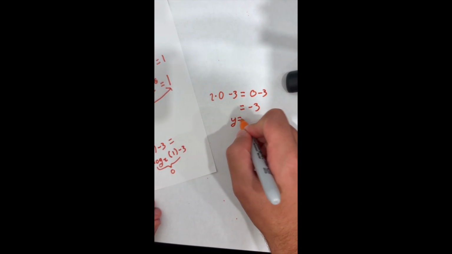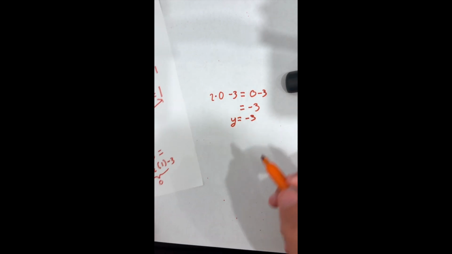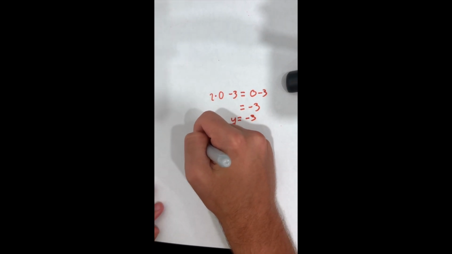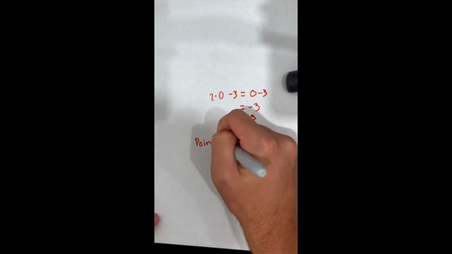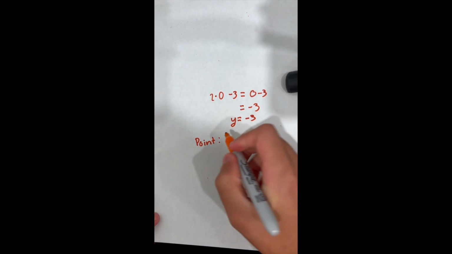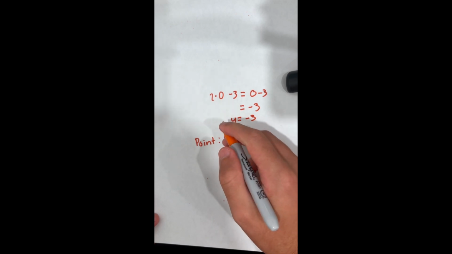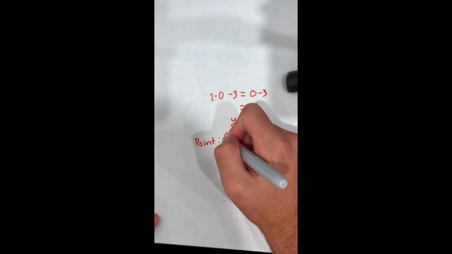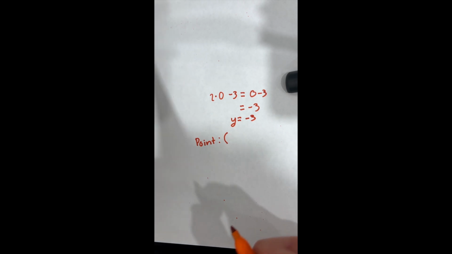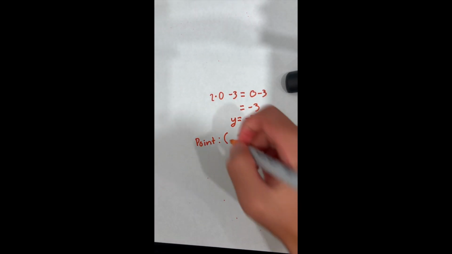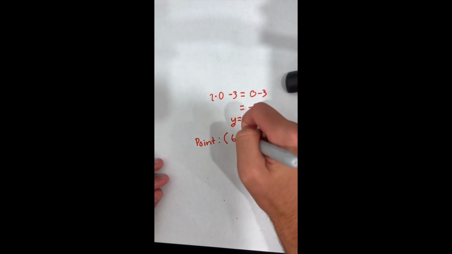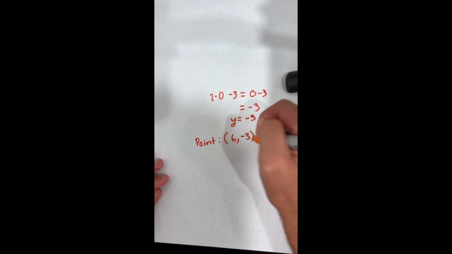So we know that our y for this point will equal negative 3. So the point, one of the points, will be 6, because if we look back at what we did earlier, we got x is equal to 6. So x for the point would be 6, and we just got the y, negative 3.